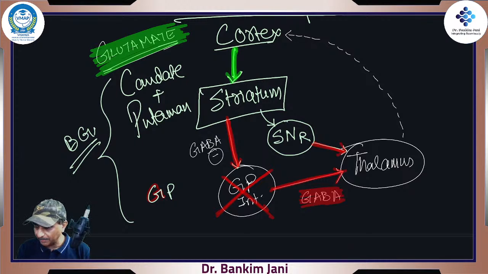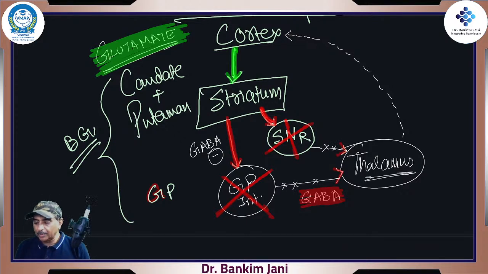Same thing would happen over here, even with this substantia nigra. That one will also be stopped. So the moment it happens, this inhibitory component is out, right? Now there is no one to stop them. That path itself is down.